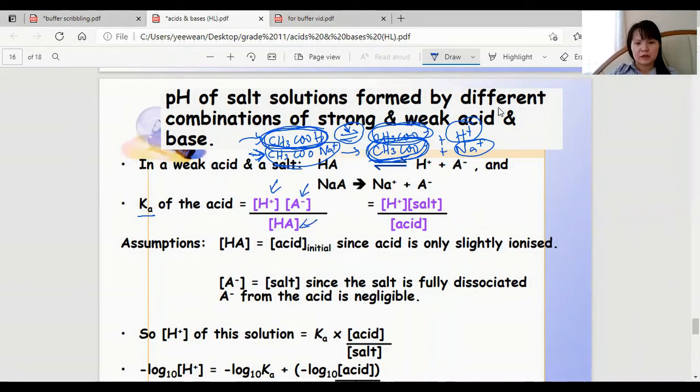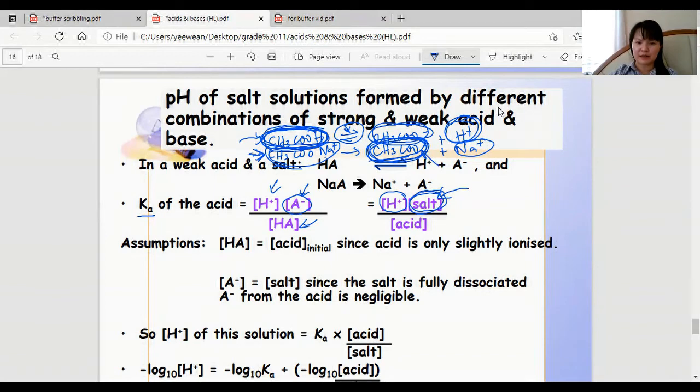The CH3COO- from the salt, we will take from the original salt concentration because all of it has dissociated to CH3COO-. I'm sure you would think that it should be the CH3COO- from the salt plus the one that dissociated from the weak acid. But the one from the weak acid is so little that it's negligible compared to the amount from the salt.